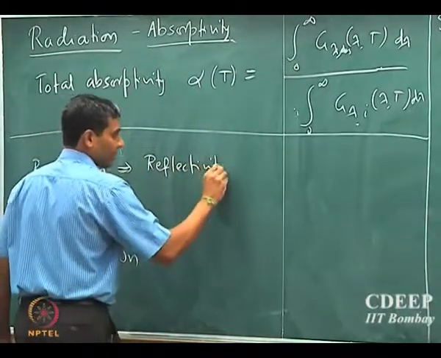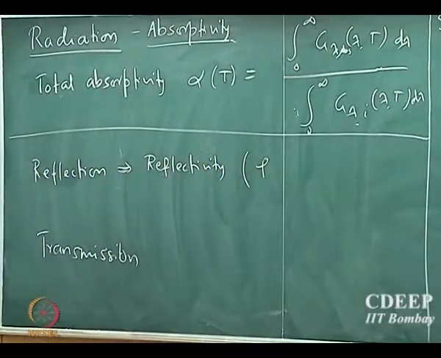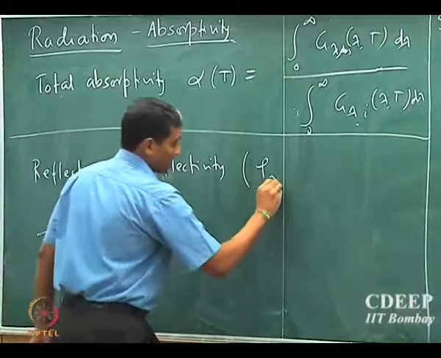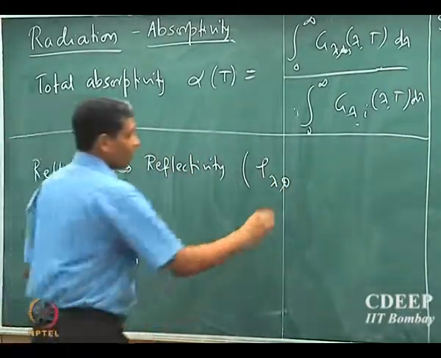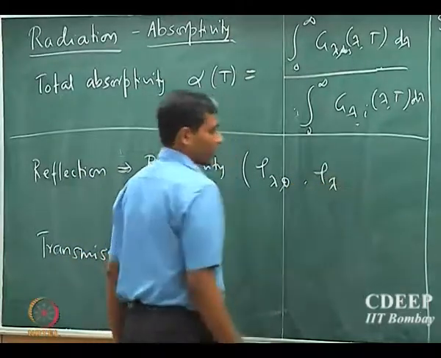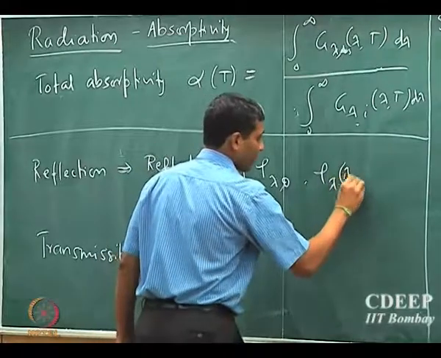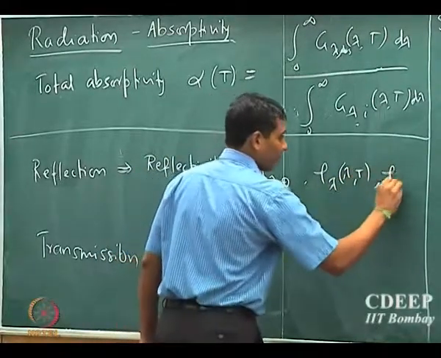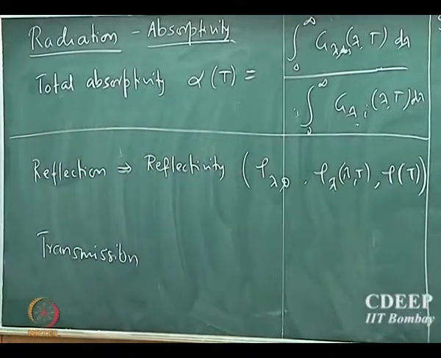Reflectivity, the symbol used is rho. Rho of lambda, theta means it's the local reflectivity. Rho of lambda is the spectral hemispherical reflectivity, which is only a function of lambda and temperature, and rho of T is the total reflectivity, which is only a function of temperature.